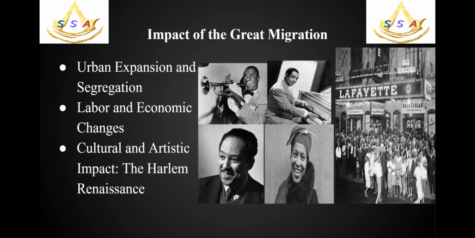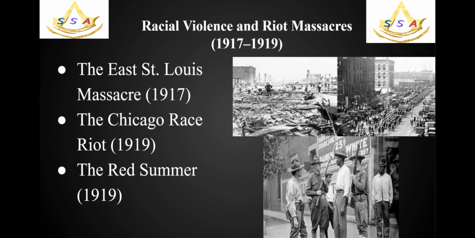And the arrival of Black migrants in northern cities exacerbated racial tensions, which led to violent race riots. So you had the East St. Louis massacre in 1917. The causes were that white workers feared Black competition for industrial jobs, and white mobs accused Black workers of strikebreaking.